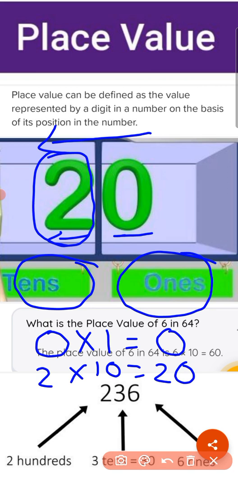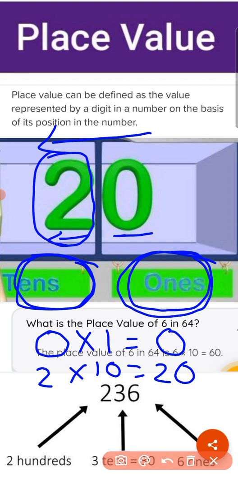Is it clear? So, 20 is a two-digit number. It has 2 and 0. First, you check the place of the digit. 0 is in ones place and 2 is in tens place.